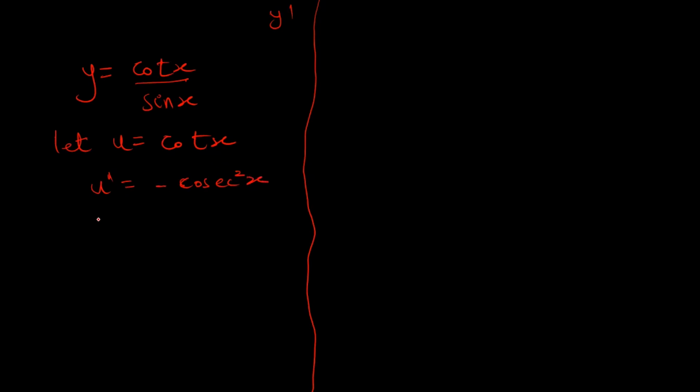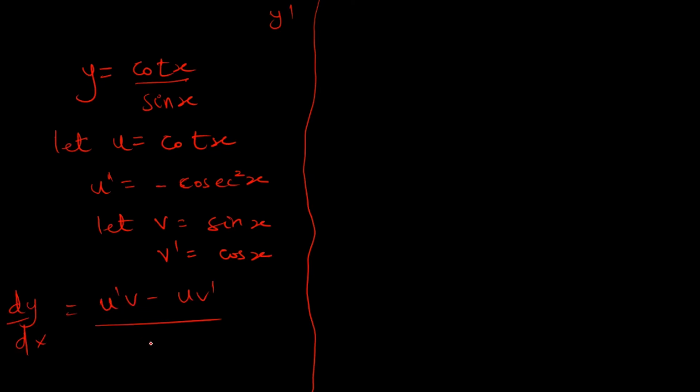Yes. Then we let our v equal sine x. V prime will be equal to, when we differentiate sine x, we get cos x, right? So we know that our y prime, or dy over dx, is going to be u prime v minus u v prime all over v squared. We have everything here. It's a matter of substituting.